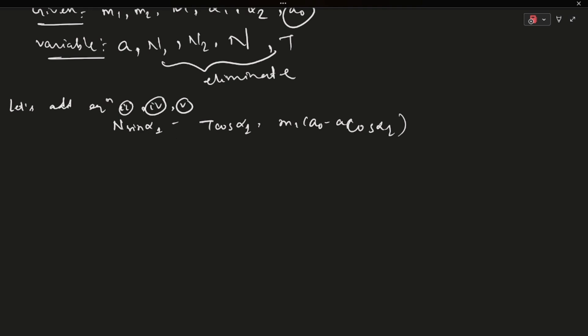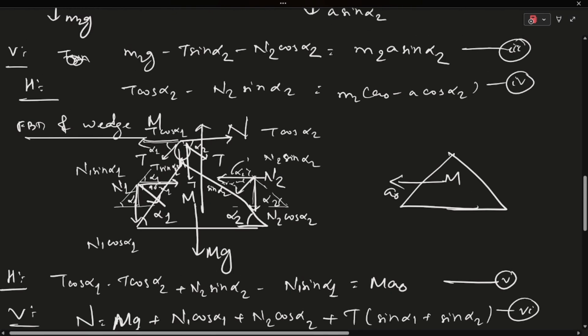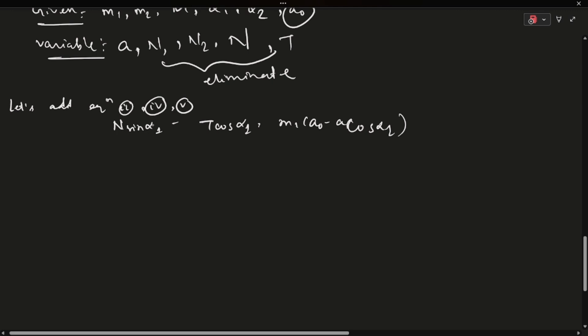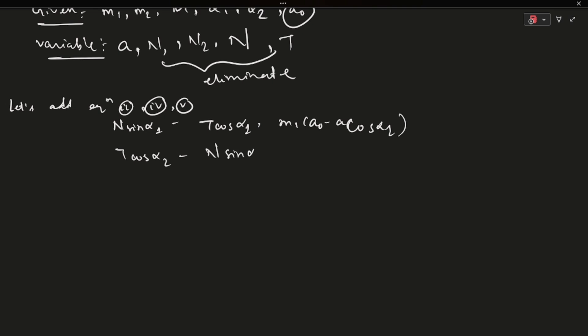Then the fourth equation is T cos alpha 2 minus N2 sin alpha 2 equal to m2 (a naught minus a cos alpha 2).